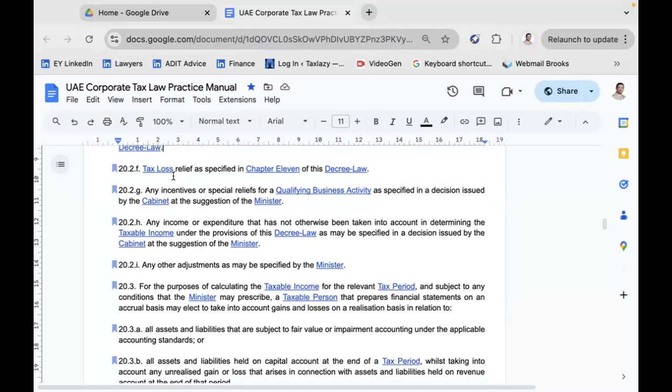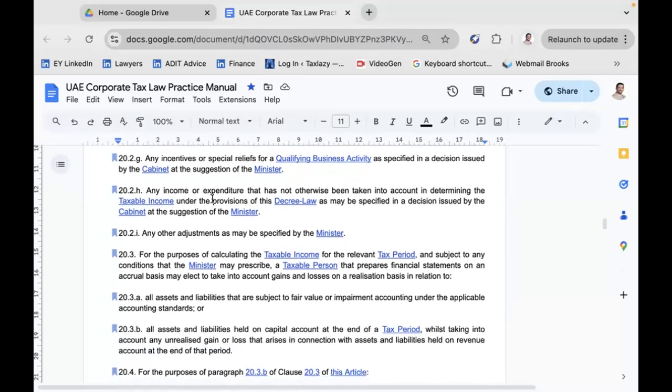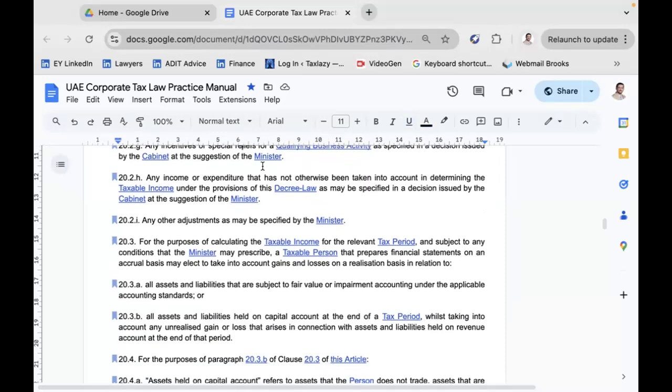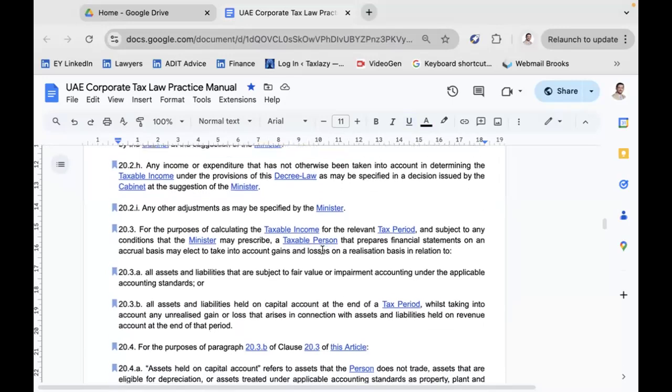If there is a tax loss relief, like in UAE corporate tax, you can carry forward tax loss up to infinity. So if you are deducting that carried forward tax loss, you will do that. Any incentive or special relief for a qualifying business activity, those you can take. So all of these adjustments we will need to perform.